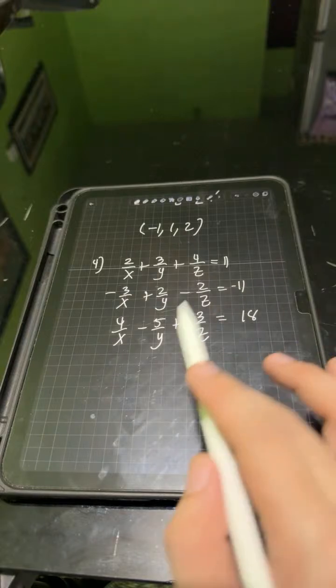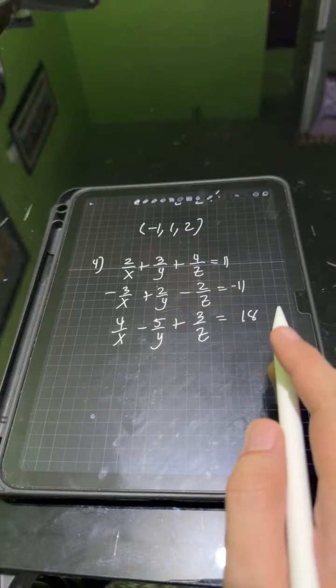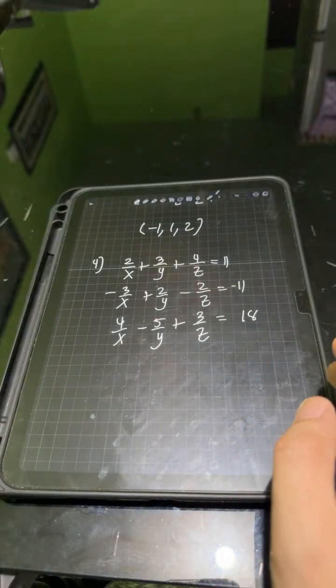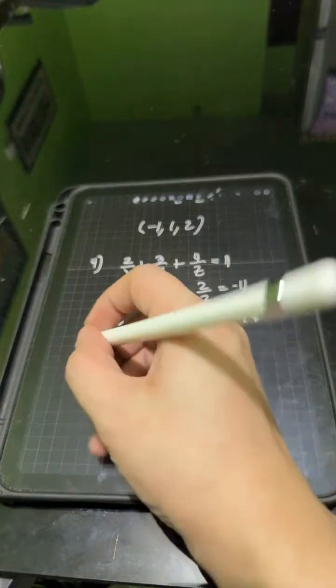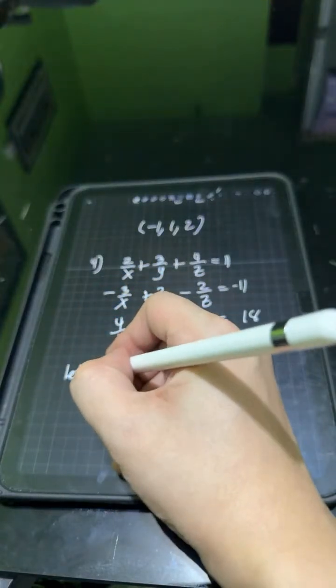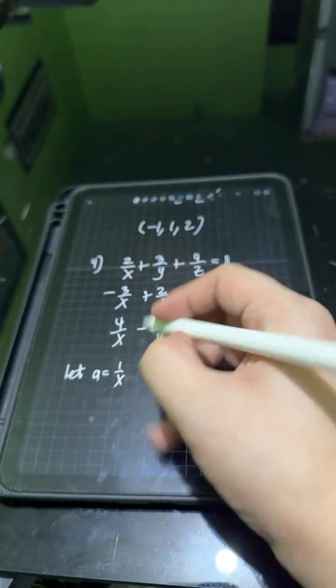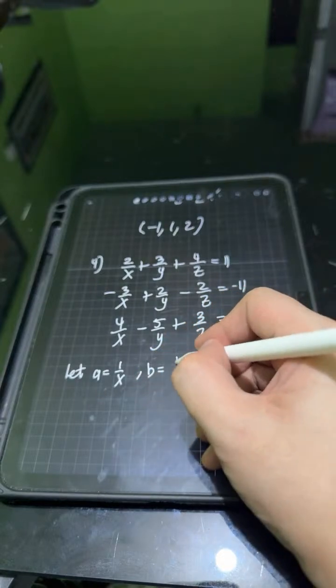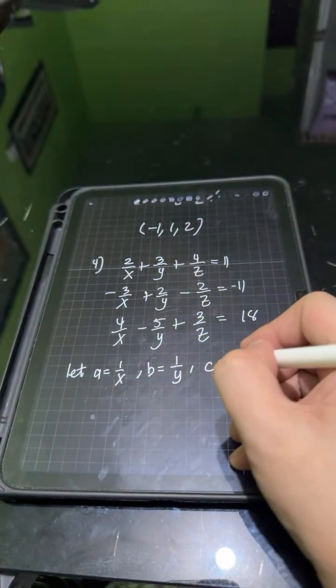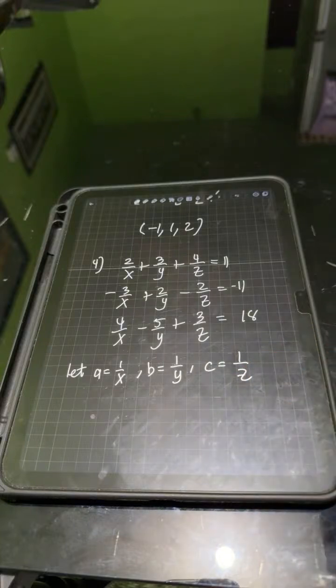But we can transform this into a system of linear equations by introducing a substitution. Let a be equal to 1 over x, let b be equal to 1 over y, and let c be equal to 1 over z.